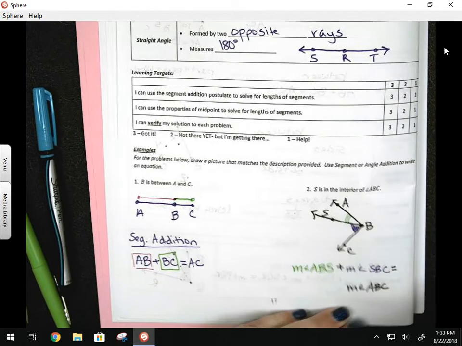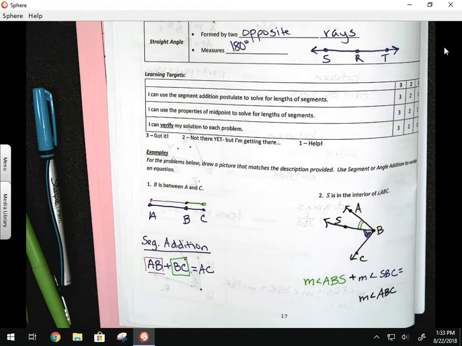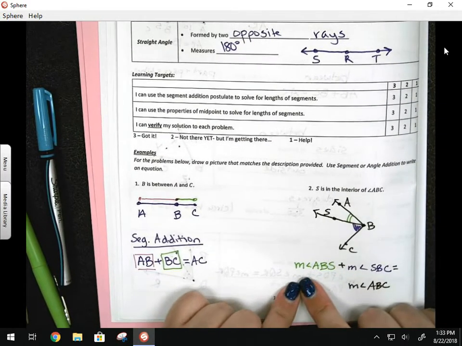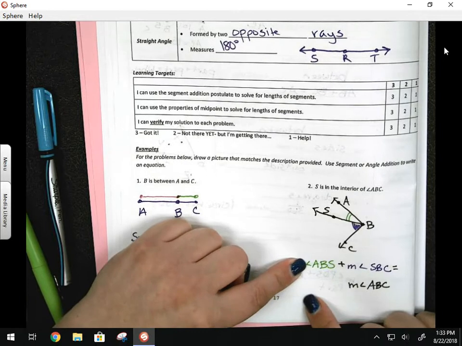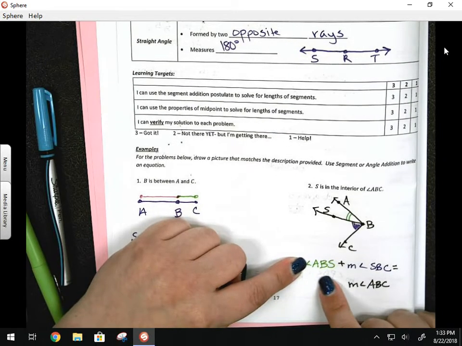Okay, we're using angle addition here. And notice every time I write an angle, I write this little M in front of it. That means the measure of angle ABS. Whereas if I didn't have that, I would just be talking about angle ABS and I wouldn't be talking about the measurement. Okay?